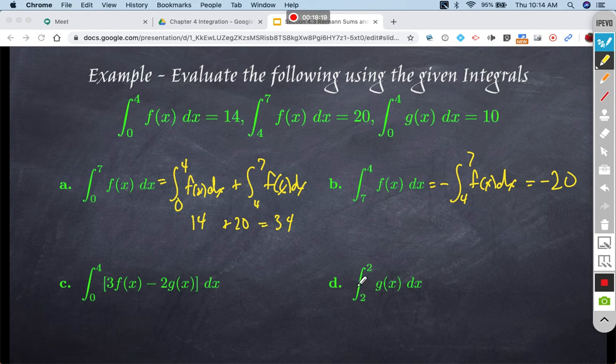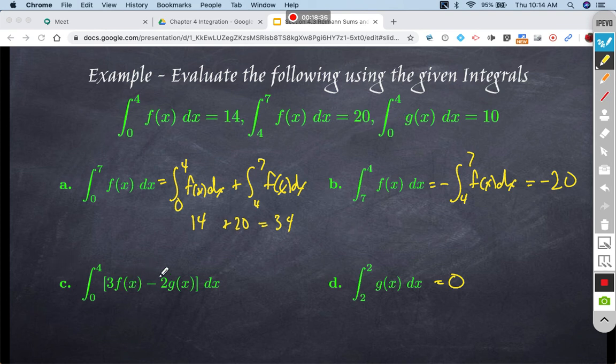Let me jump down to this one quick, then I'll do C, which is longest here. The integral from 2 to 2 is 0. We know that it's defined at 2 because it's inside this interval, so it has to be defined at every place in there, so we're good.